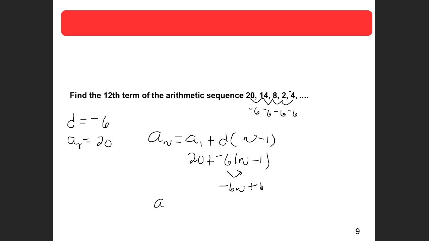So my equation is a sub n is equal to negative 6n plus 26. Now, if I want the 12th term, all I do is plug 12 in here. Now, let's check and see if it works. I know the first term was 20, so I put 1 in here. Negative 6 times 1 is negative 6 plus 26. That gives me 20. So just plug 12 in there, and you would get the 12th term.